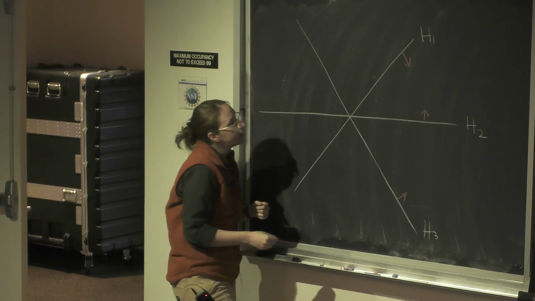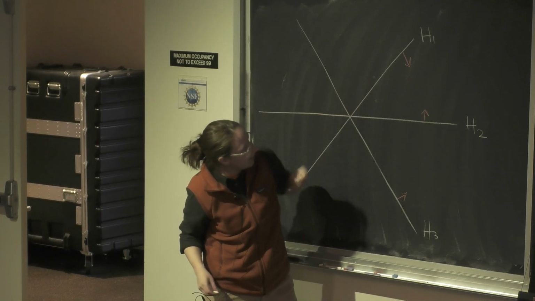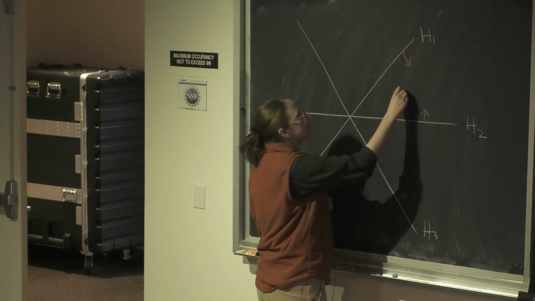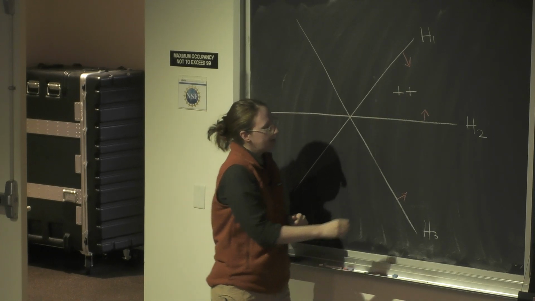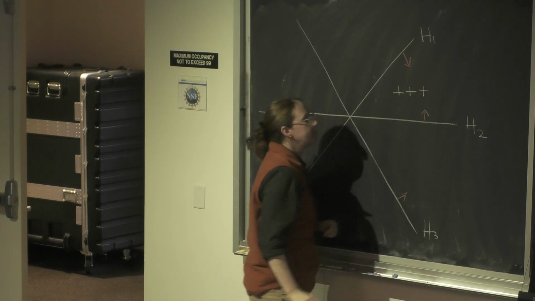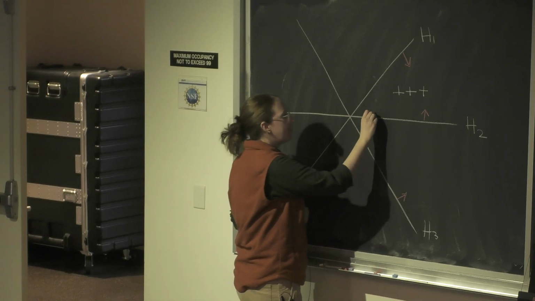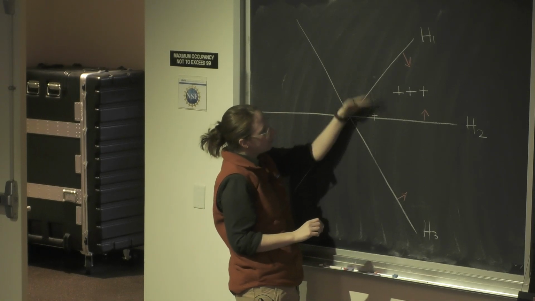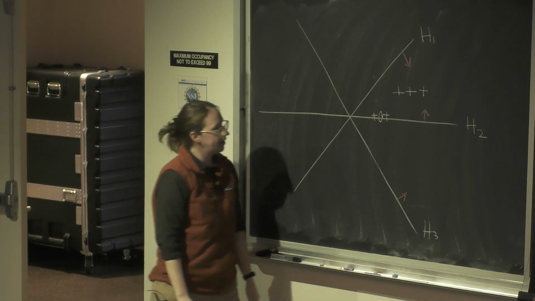So for example, this pizza wedge here is on the positive side of H1 and the positive side of H2 and the positive side of H3. And this ray here is on the positive side of H1 and on the positive side of H3, but it's actually sitting inside H2.